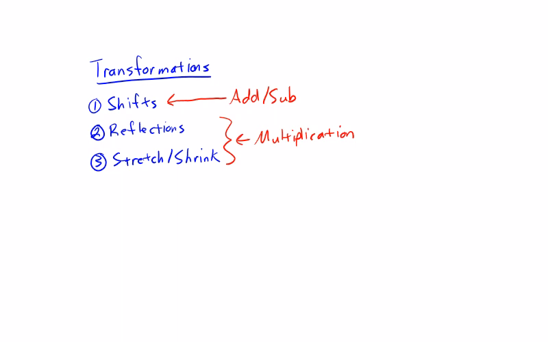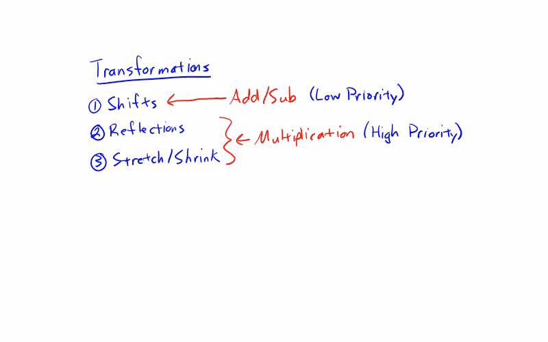We should all be familiar with the order of operations, and in the order of operations world, multiplication is going to be the higher priority, and adding and subtracting would be a low priority operation. So that means that our transformations also have a high priority and a low priority.